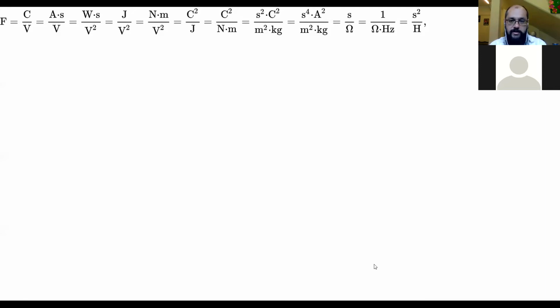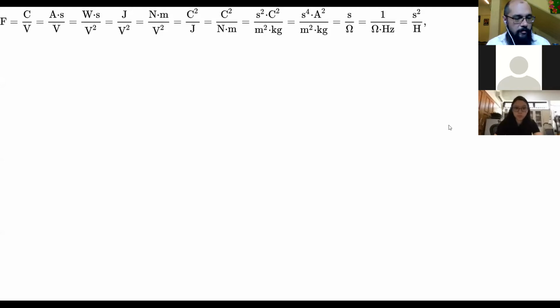There are so many ways that you could potentially define this particular quantity. So if you're having trouble measuring the farads, it's probably because it's such a derivative unit. Not me, because I don't even have a multimeter, so I don't have a problem. Knowing how many farads your capacitor is would help.